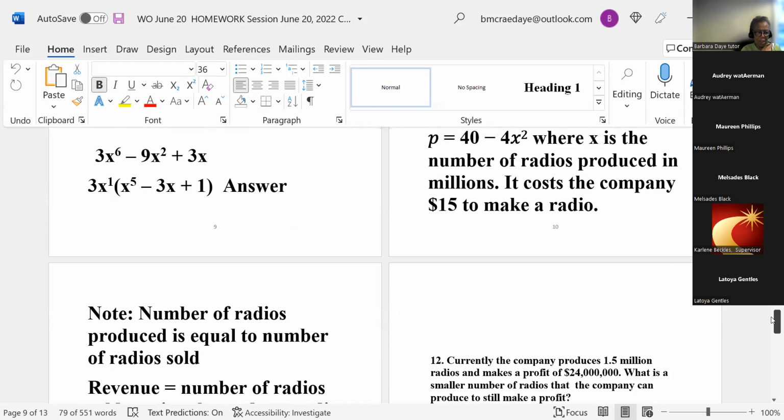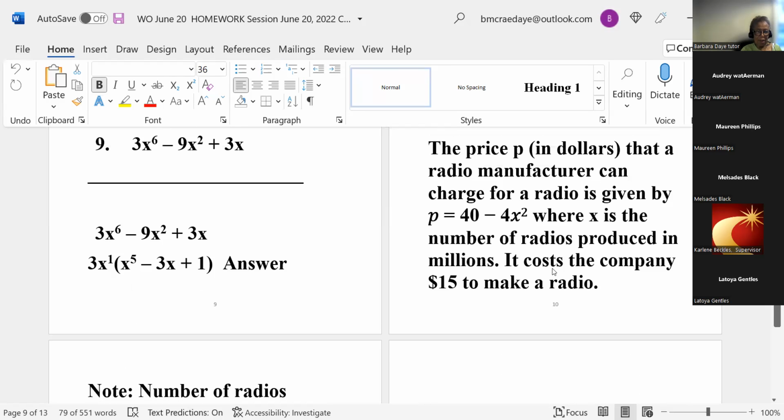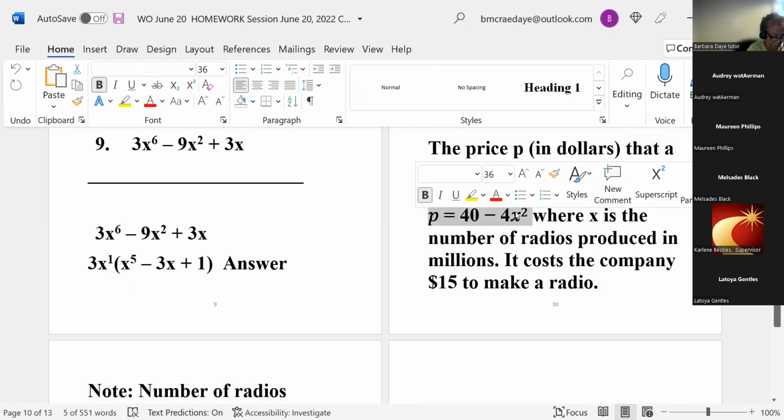Okay, your number of radios produced, we're calling that equal to the number of radios sold. We're making that assumption so you can solve the problem. And the revenue is the number of radios sold times the price charged per radio. Now let's write here: the price P charged for a radio is given as P equals 40 minus 4x squared, because we need that, right?